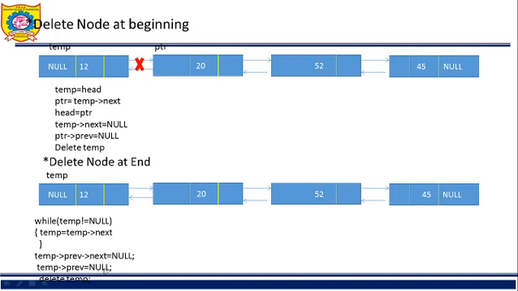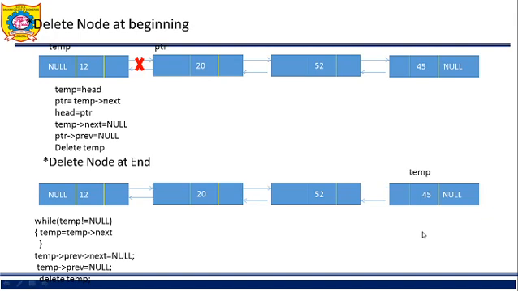So these are the statements through which we can delete the last node. Temp previous next is equal to null, and temp previous is equal to null, and then there is no reference between the two nodes. We can delete temp, that is the last node.